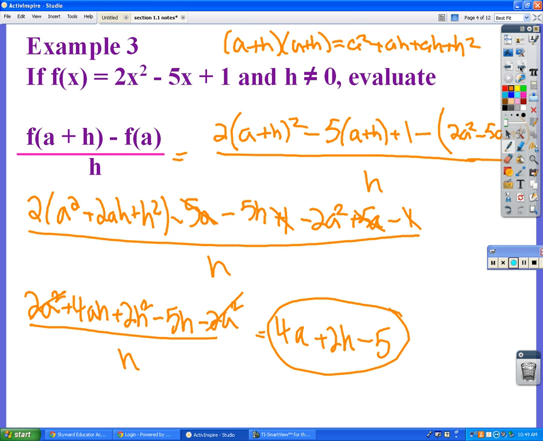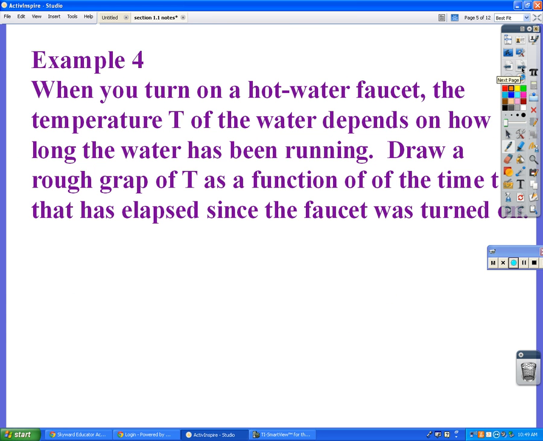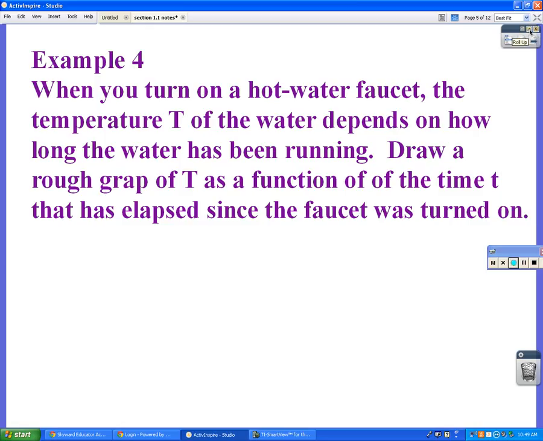All right, how about this one? First year algebra problem. So this is the view of a function with words. When you turn on a hot water faucet, the temperature T of the water depends on how long the water has been running.